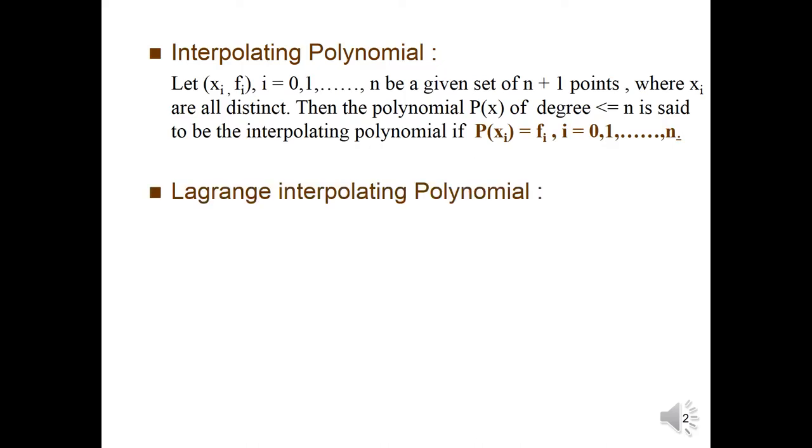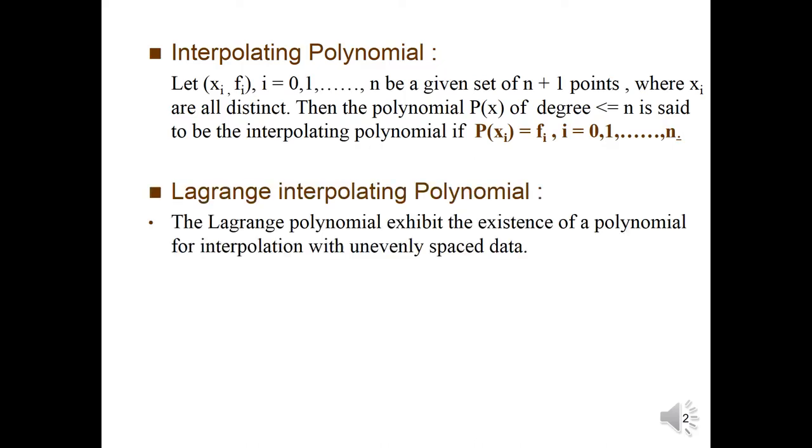Lagrange interpolating polynomial. The Lagrange interpolating polynomial exhibits the existence of a polynomial for interpolation with unevenly spaced data. So we can have two types of data. Evenly spaced means the difference between two consecutive values of x is the same, and unevenly spaced data is when the difference between two consecutive values of x is different.